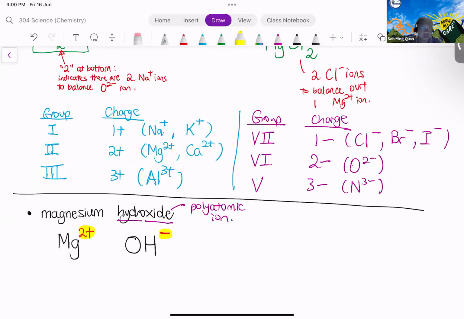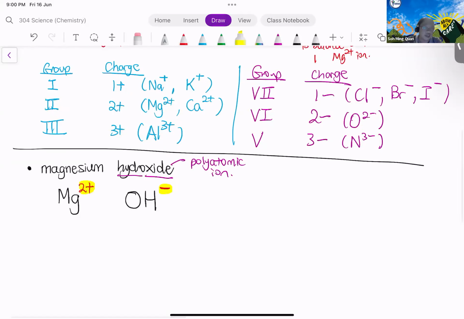All right, so this is the next hurdle. You will need to learn the formula of polyatomic ions like hydroxide. Because once you know the formula is OH minus, writing the formula out is very easy, because the same concept applies. The positive charge must balance the negative charge. Clearly, right now, it doesn't balance because the magnesium has a double positive.